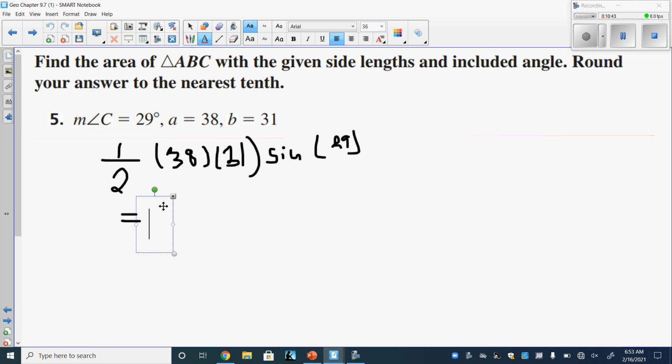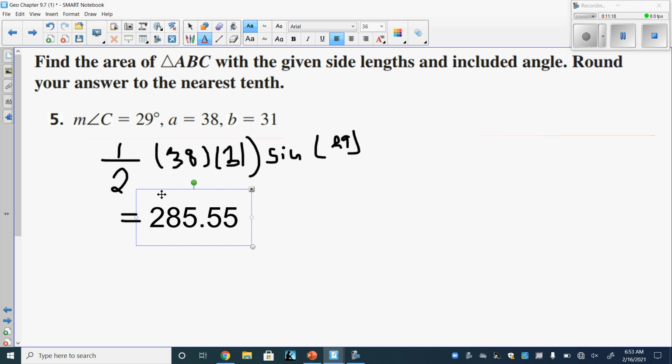And if we type all that into a calculator, it would give us 285.552.